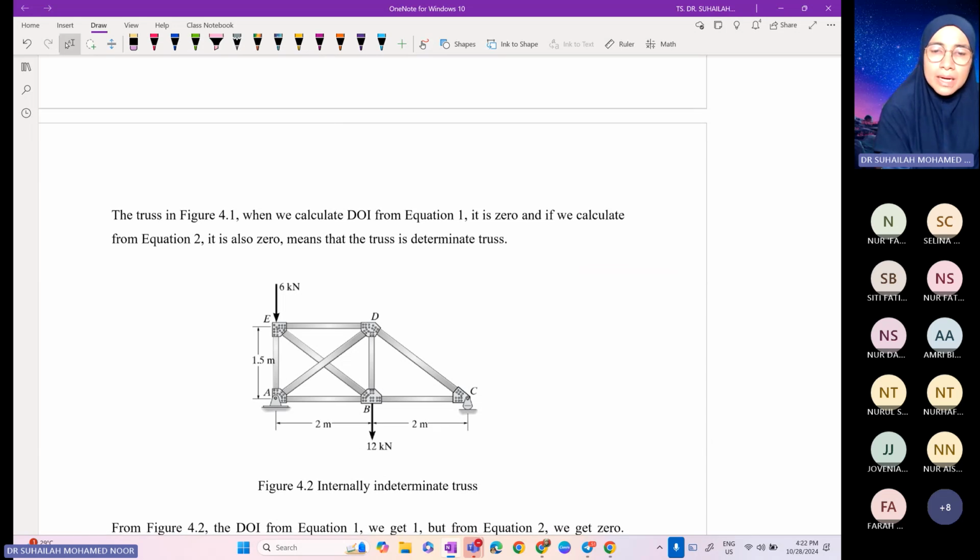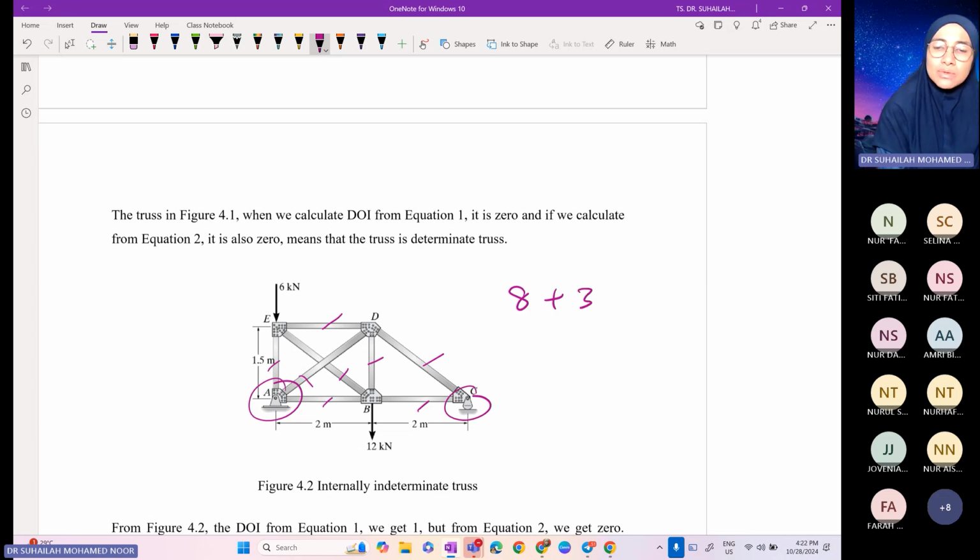So this one, if we check for DOI using the first formula, M plus R minus 2J. For members, we have 1, 2, 3, 4, 5, 6, 7, 8. So M is 8 plus R. R here comes from 1 pin, 1 roller, so this is 3. 8 plus 3.